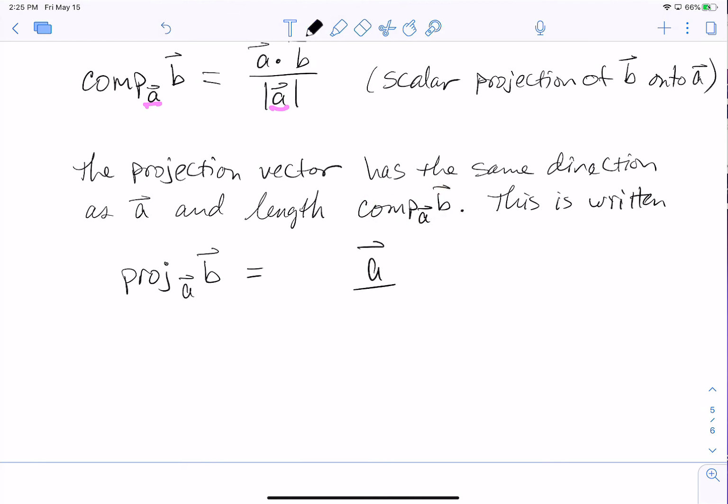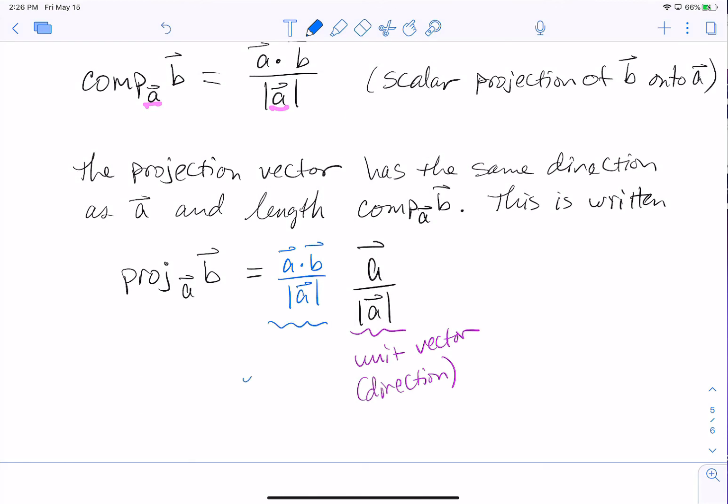In order to ensure that I'm only talking about the direction of A, I'm going to divide A by its own magnitude, so we end up with a unit vector. To ensure that the length is correct, the component of B onto A, we're going to write down the expression we just saw, A dot B divided by the magnitude of A. That gives us the length.